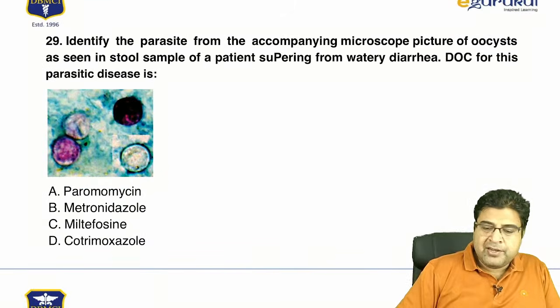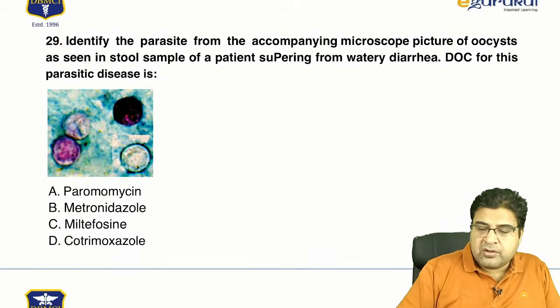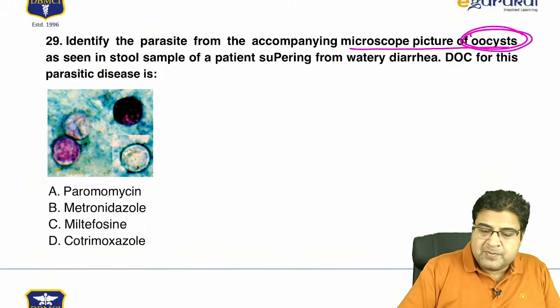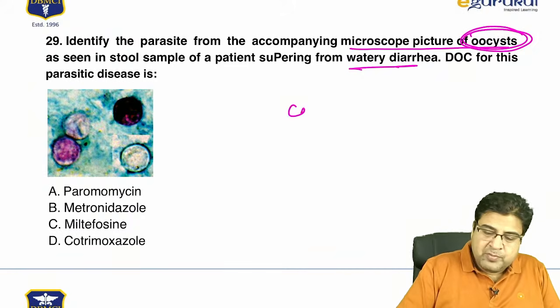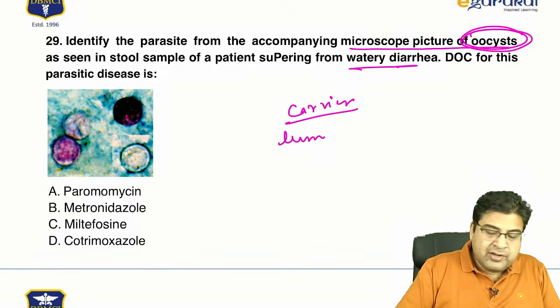Now question number 29. A patient has got microscopic feature of oocyst. So the patient is passing cyst with diarrhea. This is the amoebic cyst which the patient is passing. So the patient is a carrier. The patient is having luminal amoebiasis.